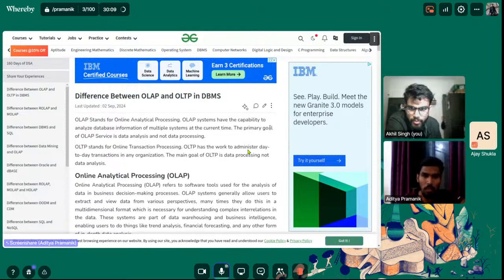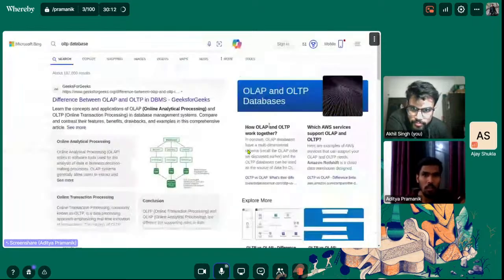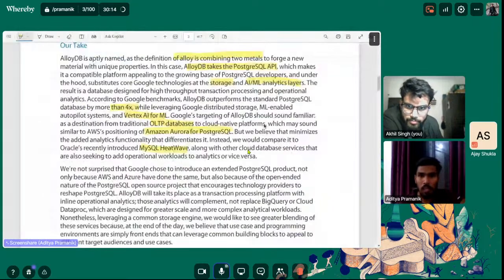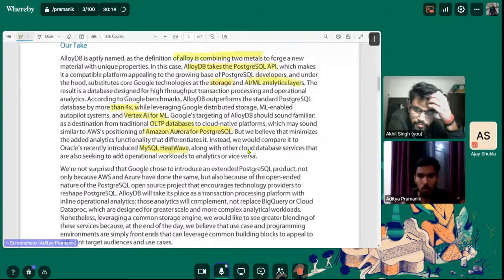So let's get back to this white paper. In the later part, it states that they have majorly two competitors. One is Amazon's Aurora against Postgres, yes, that is Aurora, and then Oracle's new MySQL HeatWave.